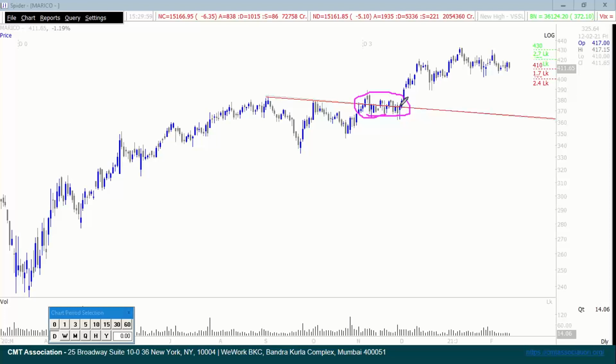So what I'm trying to say is that trend lines are just one of the tools that you can use. It is a probability, it is not a certainty. A trend line might be broken, and an indication of a trend reversal or a continuation could be seen, but it's not necessarily true that every breakout or every breakdown will work out well.